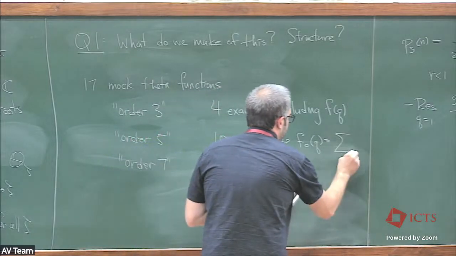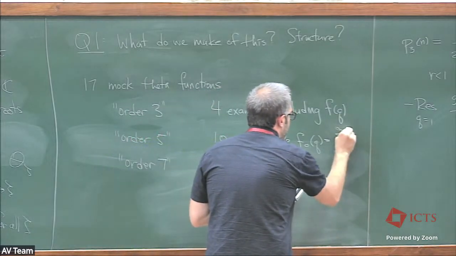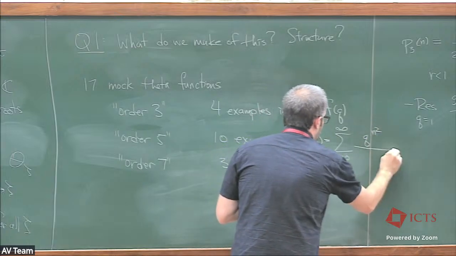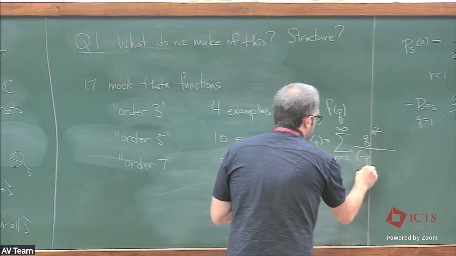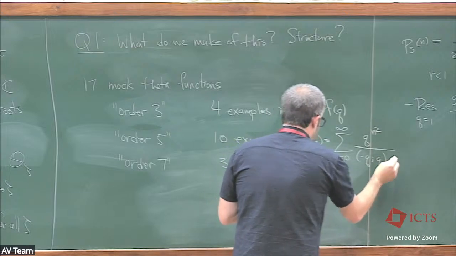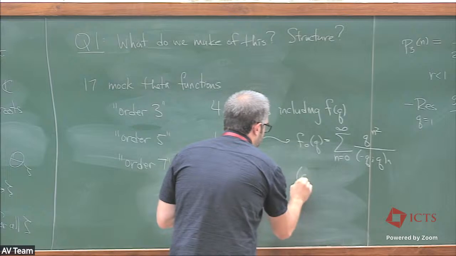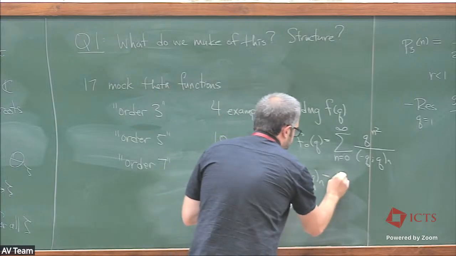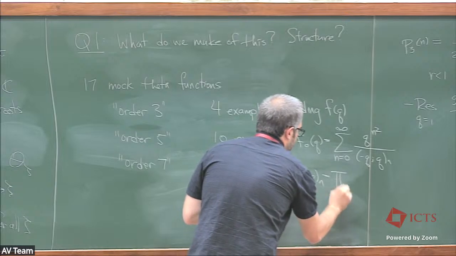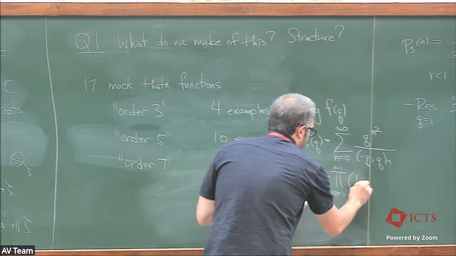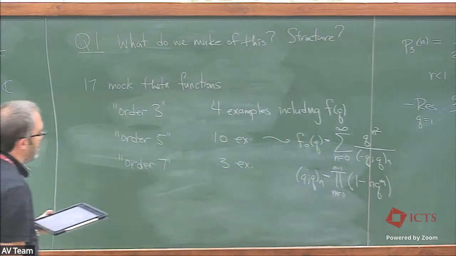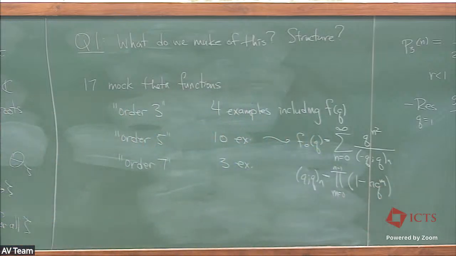It is the following sum from n equals 0 to infinity of q to the n squared over, and I'm going to use the Pochhammer notation now, (q;q) sub n. And here's what the Pochhammer notation is for reference. (a;q) sub n is a product, m equals 0 to n minus 1, of (1 minus a q to the m). Okay, so that's one of the 5th order functions, and we'll see that one again in a little bit.